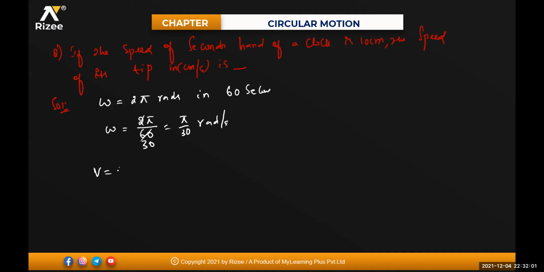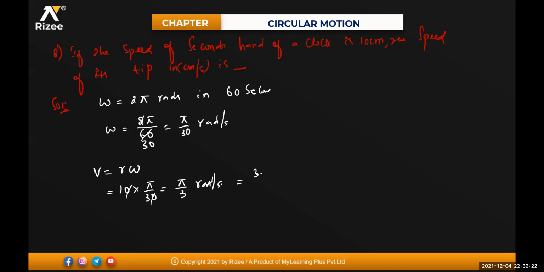So use the formula v equals r into omega. Radius is nothing but length, that is given as 10 centimeters, into pi by 30. So that is coming out how much? This one will get cancelled. Pi by 3 centimeters per second. Clear?